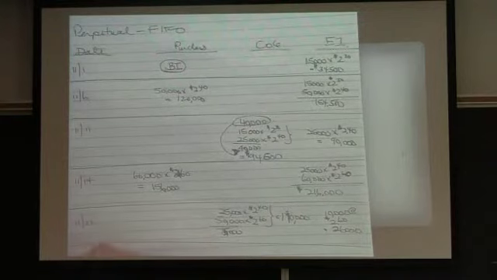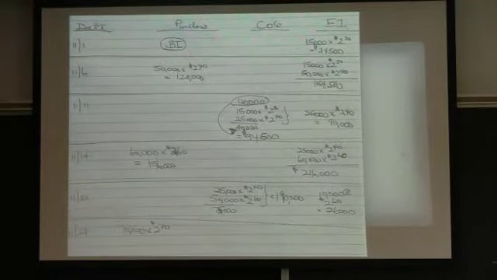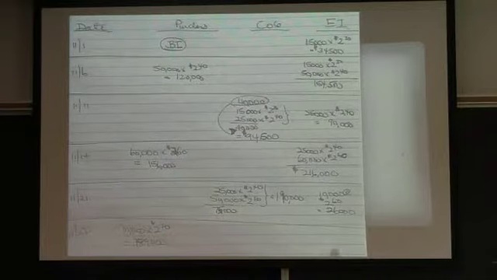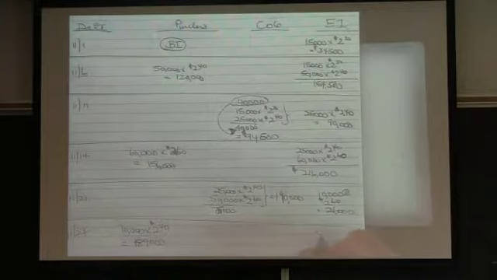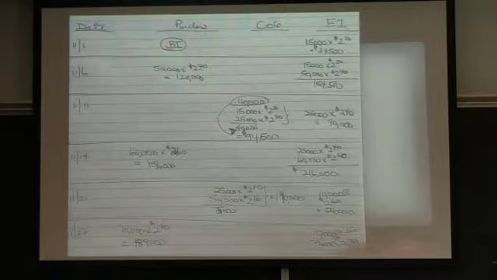Now, on the 27th, we had another purchase of 70,000 at $2.70. And then the total ending inventory, we have 10,000 at $2.60 plus 70,000 at $2.70 to give us 215,000.